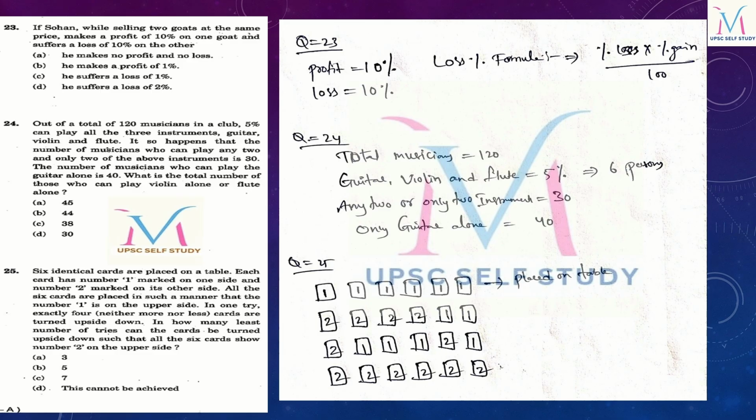In the third try, look back at the third row. If they are thrown up again, only 4 are showing 1 and 2 are showing 2. And the third time, if they are thrown up again, every card will be shown as a 2.